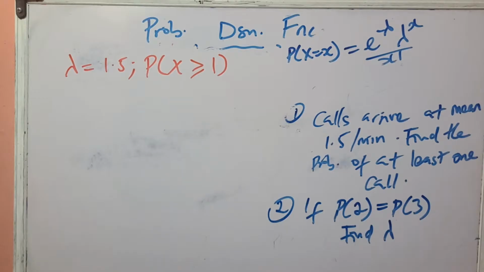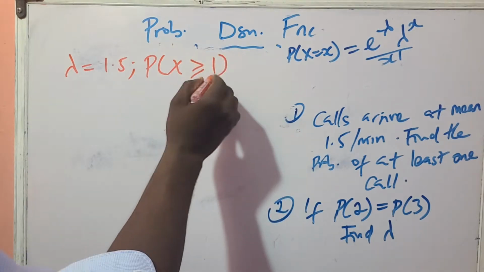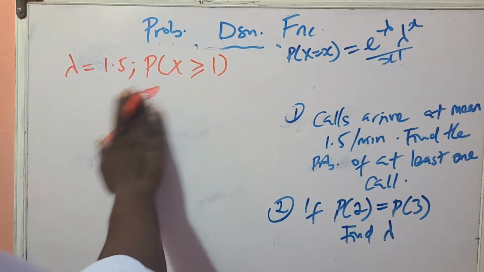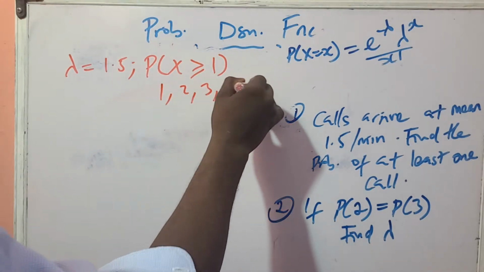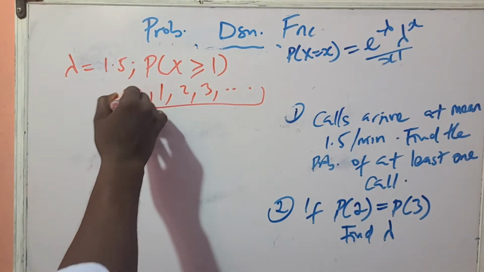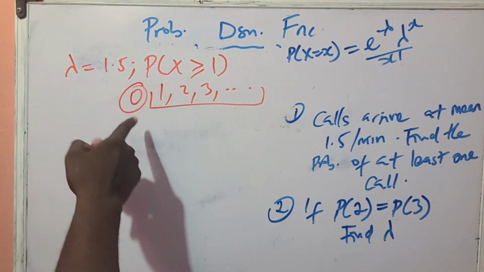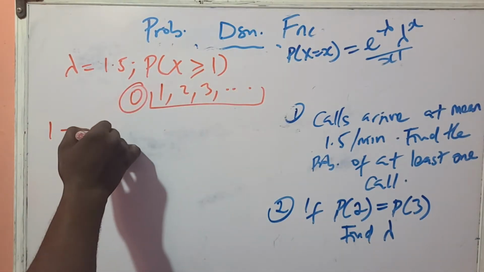Now, if you look at this question, what I asked was what's the complementary event of probability of x greater than or equals to 1? So x greater than or equals to 1 obviously embodies when you have 1, 2, 3, and so on. If you look at all this, the only thing that is missing here is 0. So probability of 0 will be the complement of this. So you go on now to find this expression.